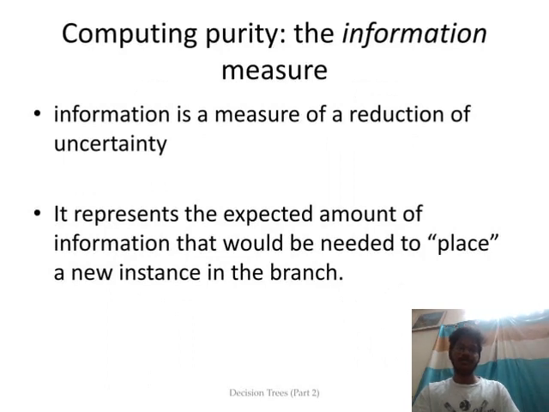And now we will see computing purity, the information measure. Firstly, information is a measure of a reduction of uncertainty. It represents the expected amount of information that would be needed to place a new instance in the branch. This is very important for computing the information.